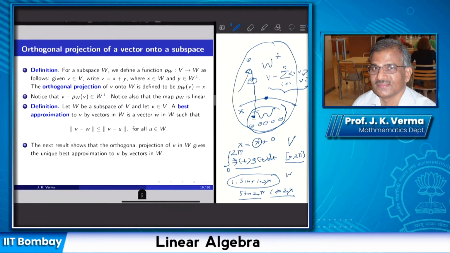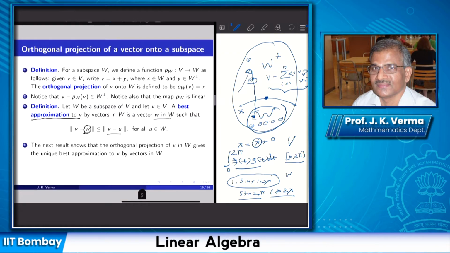And this is the idea behind it: the best approximation to a vector v by vectors in W is a vector w so that the distance of v from w is smaller than or equal to the distance of v from any other vector in W. So in some sense, this w comes nearest to v as we vary vectors in W. So this w is called the best approximation.